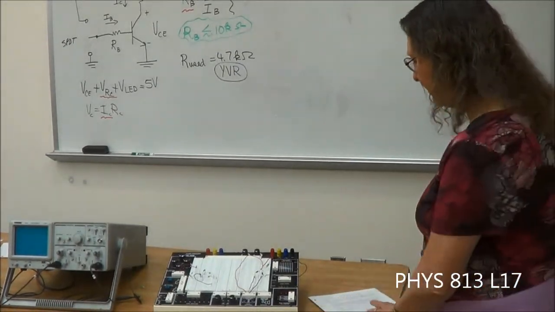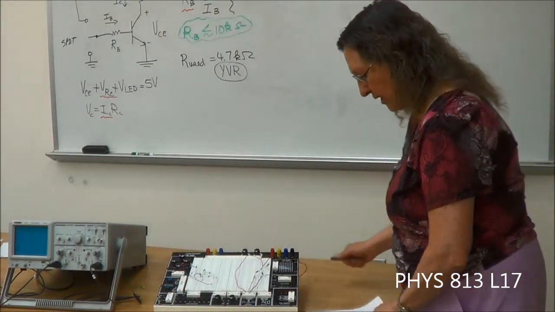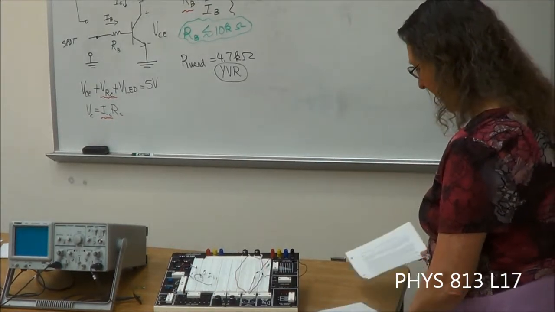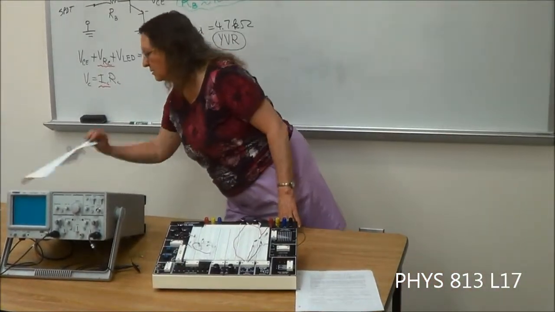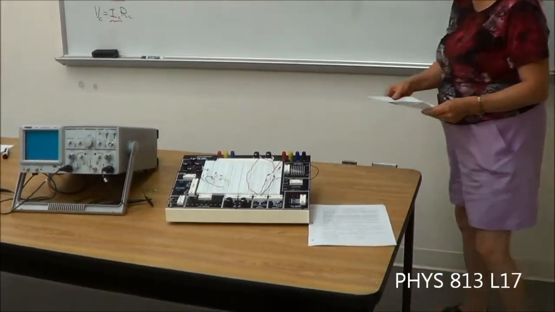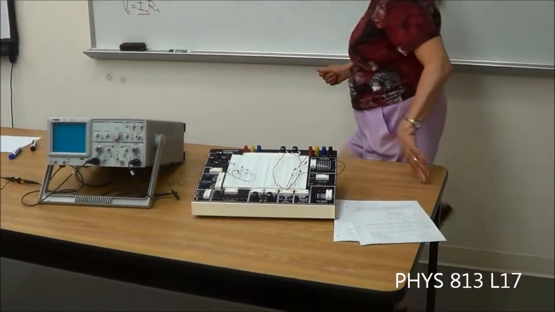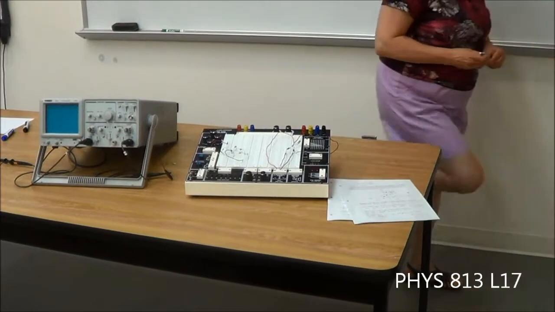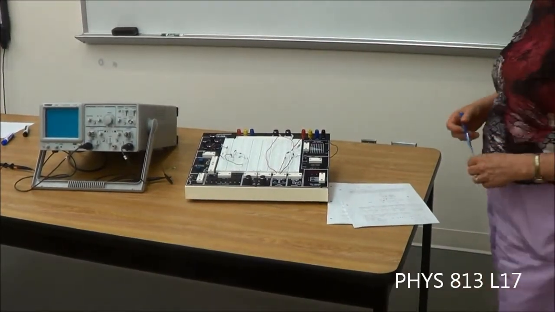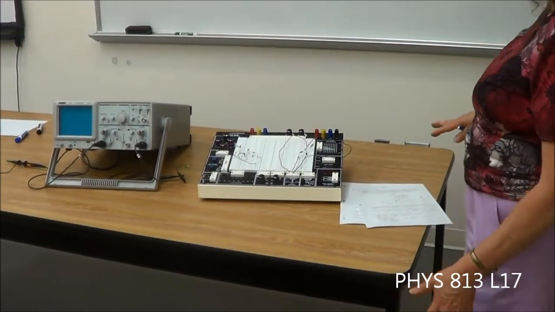Okay, so now we want to build our circuit. And I need to get my page that has my circuit. Okay. So we need to locate the switch that we're going to use, because that's built in.